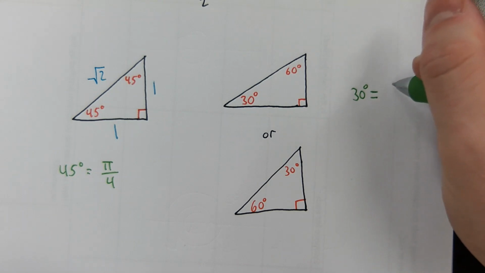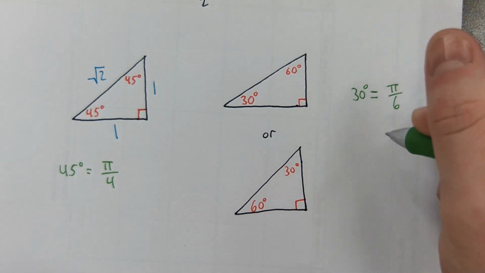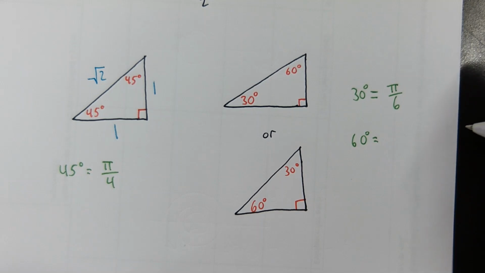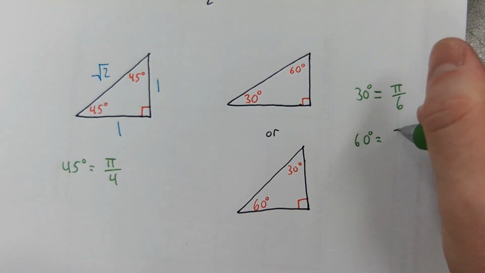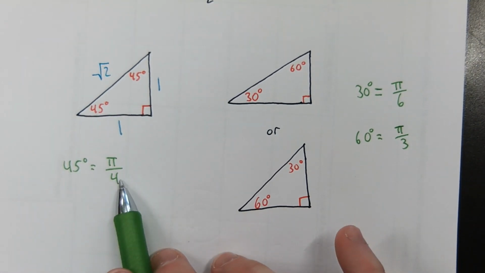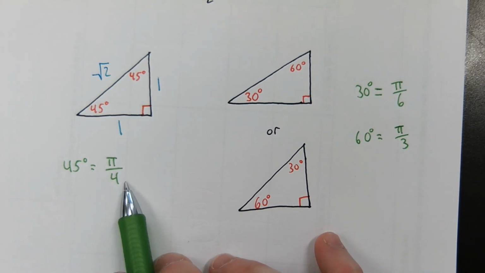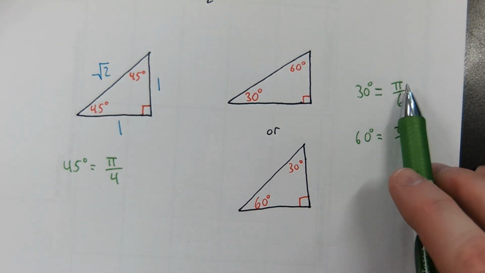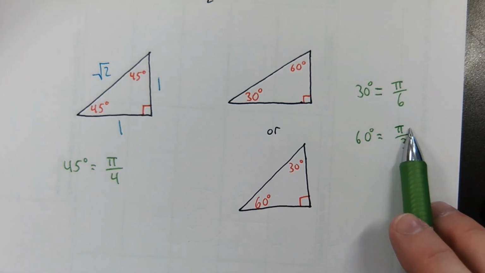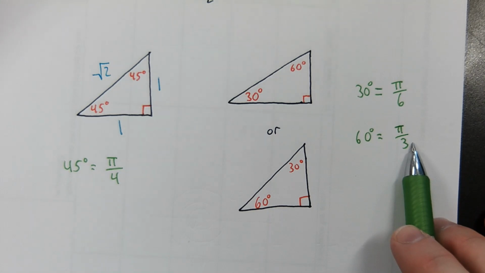So we could say it is 1/6 of pi radians, which we represent as pi over 6. 60 degrees is 1/3 of 180 degrees. So we represent that as pi over 3 radians, like that. So anytime you see a pi over 4 of any kind, that's a 45-degree angle somewhere. Anytime you see a pi over 6 of some kind, that is a 30-degree angle somewhere. And anytime you see a pi over 3, that is a 60-degree angle somewhere.